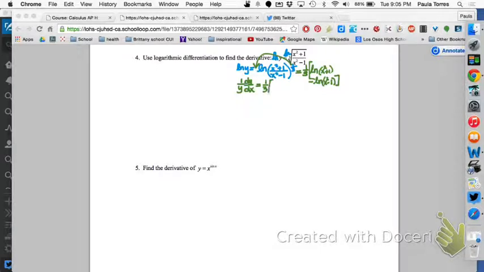And then on the inside, for the first piece, I'll have 1 over x squared plus 1 times the derivative of the stuff, and then minus the second piece will be 1 over x squared minus 1 times the derivative of the stuff, which is 2x.